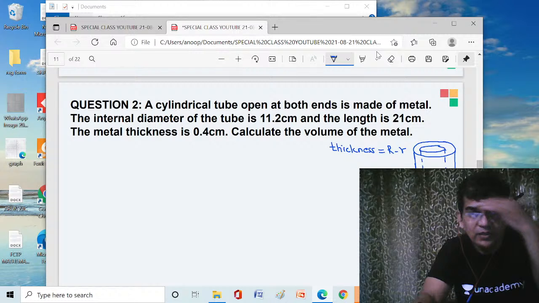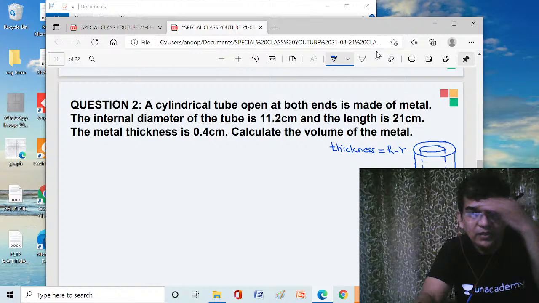Now see, all the dimensions are known to me. Small r, the internal radius, is known to me, capital R is known to me, and the height. Everything is known to me. Now they are asking me to calculate the volume of metal in a hollow cylinder.